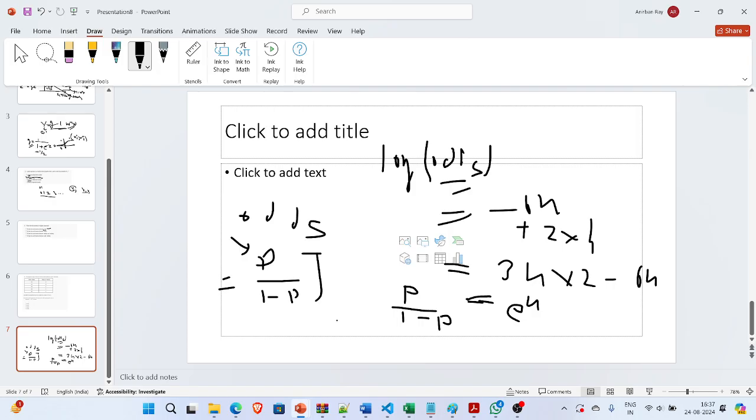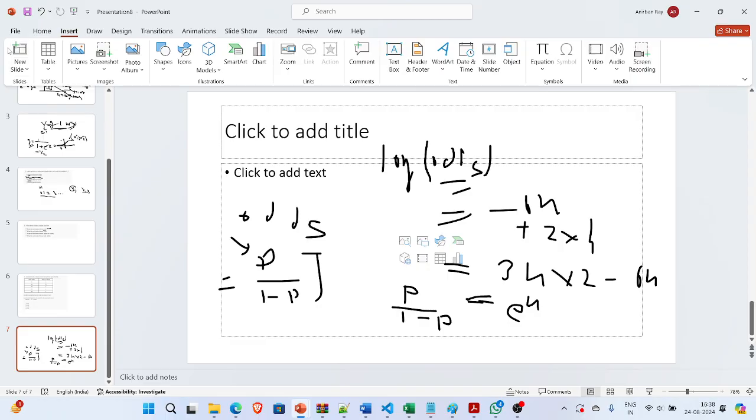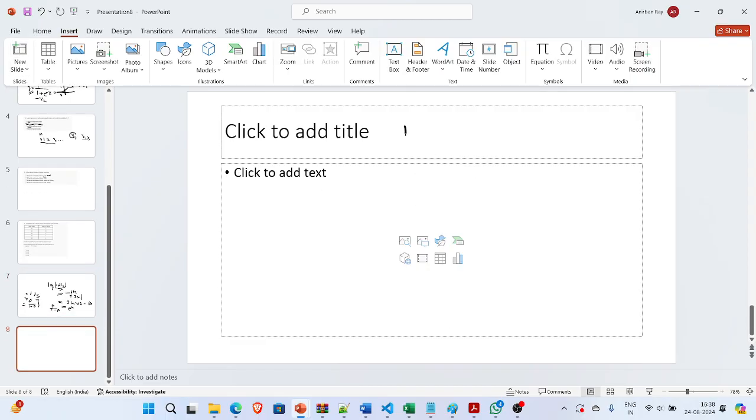Now let's go next. So p upon 1 minus p is equal to e to the power 4. You need to find p from here. You can multiply and separate the variables, but in this situation what I do comfortably is divide.